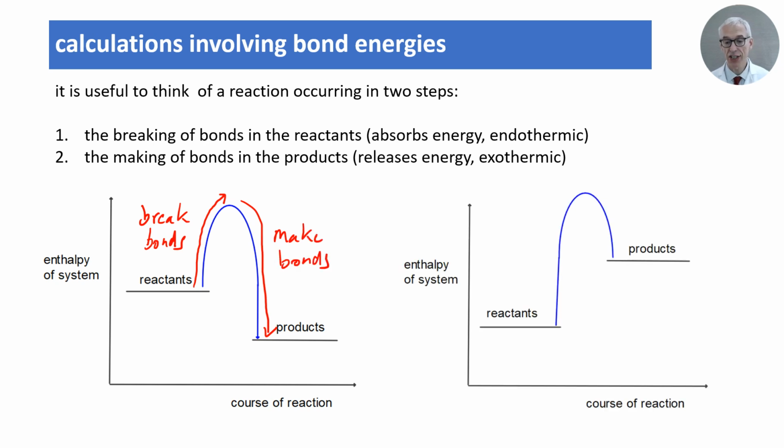So exactly the same applies to an endothermic reaction. No difference. This process is about breaking, and then the second process is about making. So breaking bonds is endothermic. We can see here there's a rise, an energy input, and an energy release in making the bonds. That is exactly the same situation for endothermic reactions.